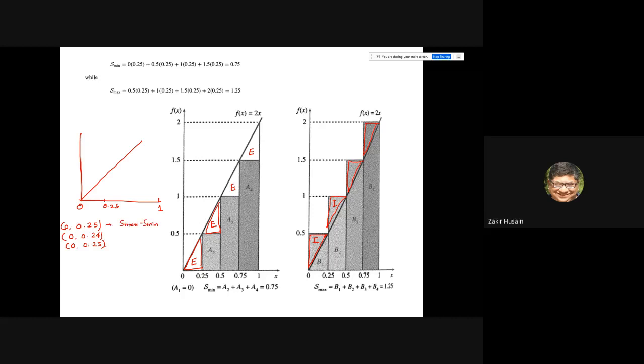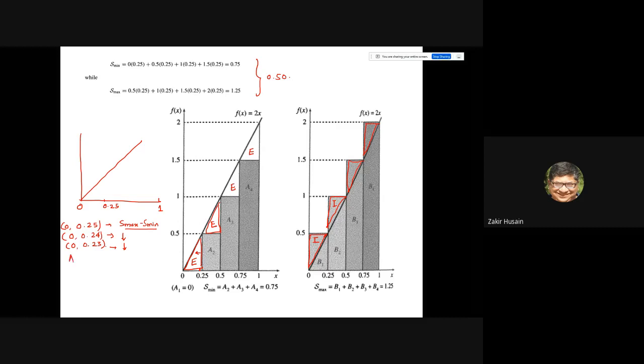So what will happen to S max minus S min? Here it is 0.50. But if instead of 0.25 we bring the interval over here, what will happen to the Riemann sum? The difference between S max and S min is going to deteriorate. And as we shift this interval leftwards, the difference between S max and S min is going to go down.